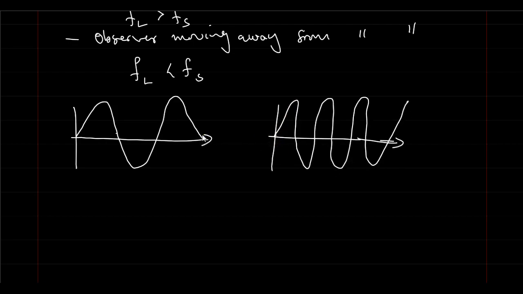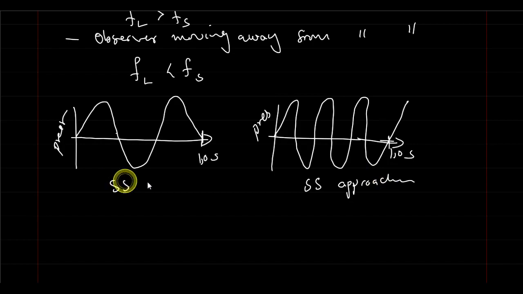So if the total time here is 1.0 second, and here it's 1.0 seconds. Let's say this side is pressure. So what happens in scenario number 1 is this: when the observer is stationary and the sound source is approaching, here the sound source is approaching, right?